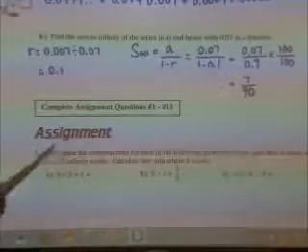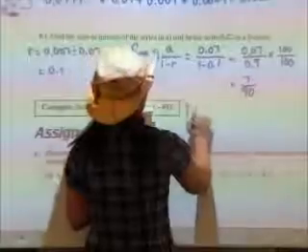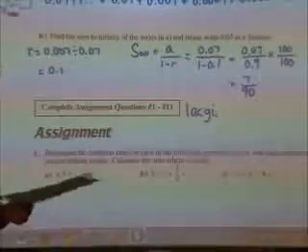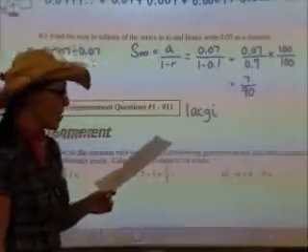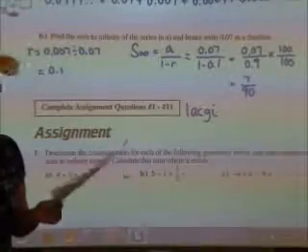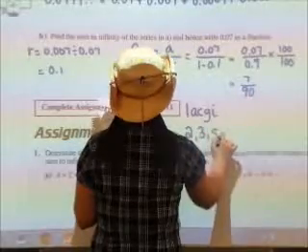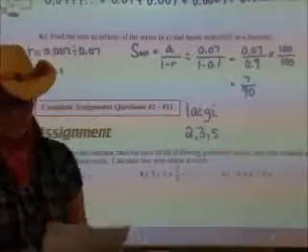So the questions. Question number 1, A, C, G, and I. It's determining whether or not there's a sum, like class example number 1. 2, 3, 5.